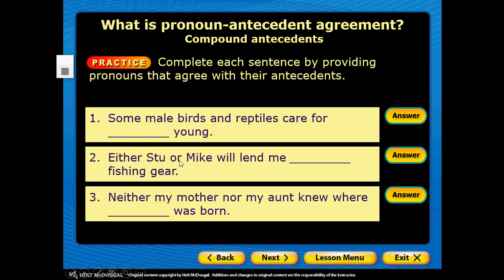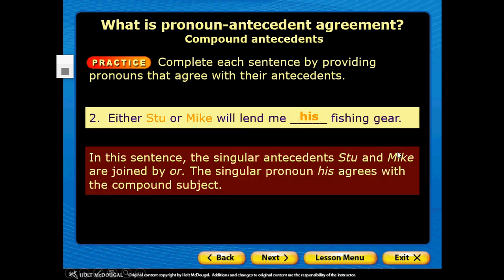Either Stu or Mike will lend me fishing gear. So Stu or Mike, we're saying that it can be one or the other. So they're singular, right? Stu or Mike will lend me his fishing gear, because it's singular.